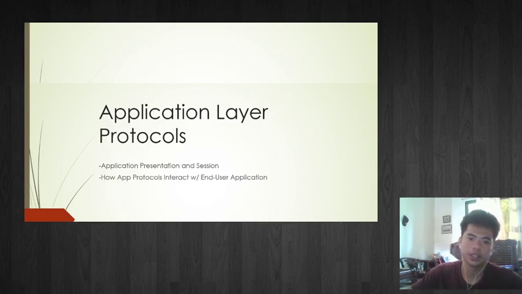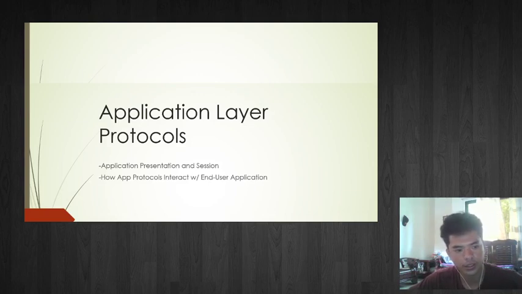Application layer protocols are used by both the source and the destination devices during a communication session. For communications to be successful, the application layer protocols implemented on the source and destination must be compatible.